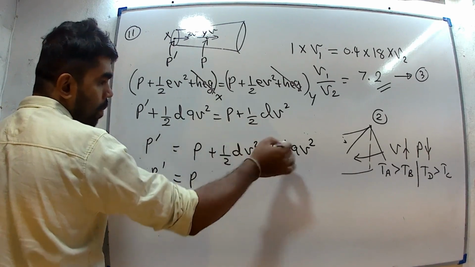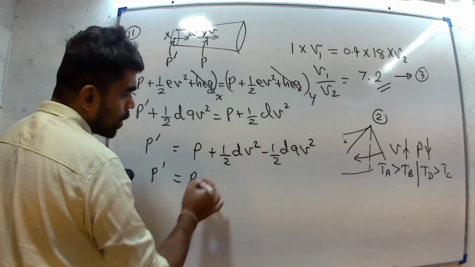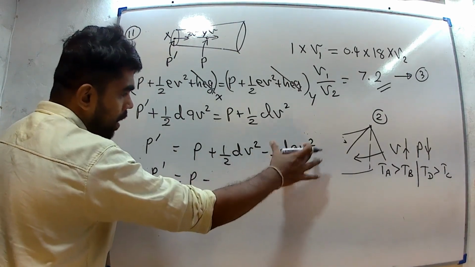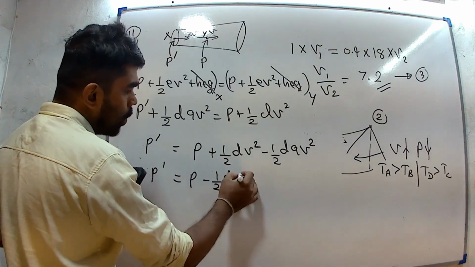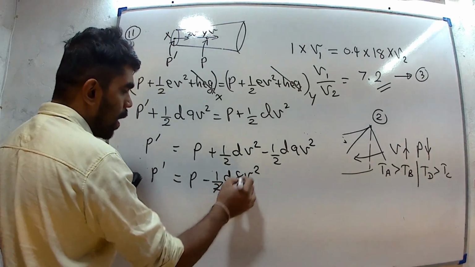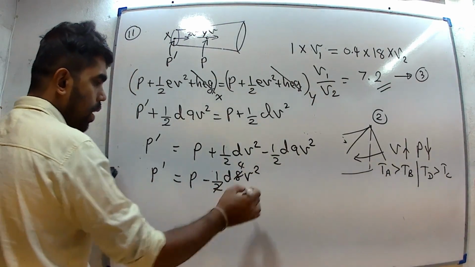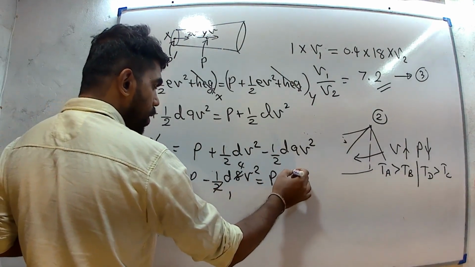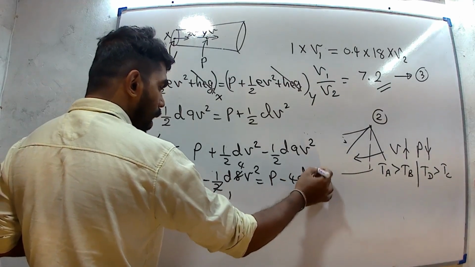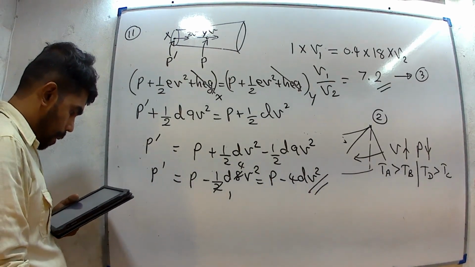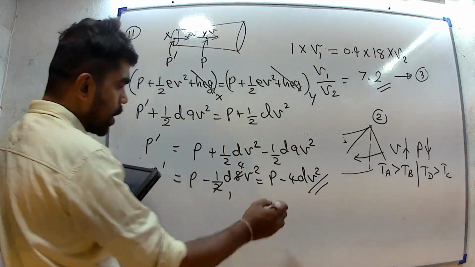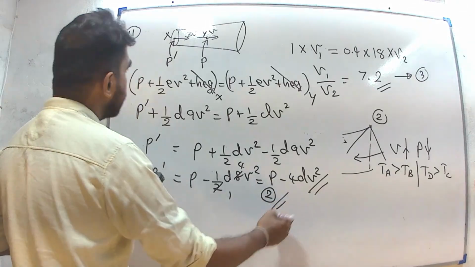P, there are opposite signs for these terms, so we have to subtract: half into D into 8v squared, divided by 2, 1, 4. Then P minus 4 D v squared. The second answer is correct for question number 11.